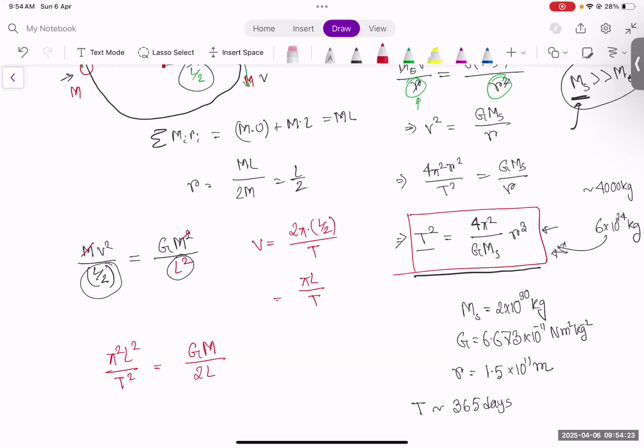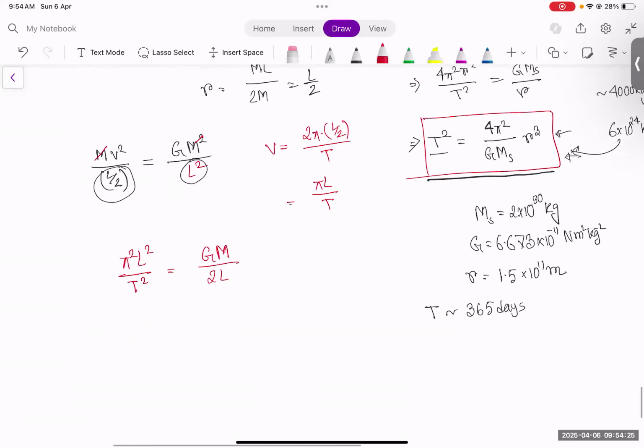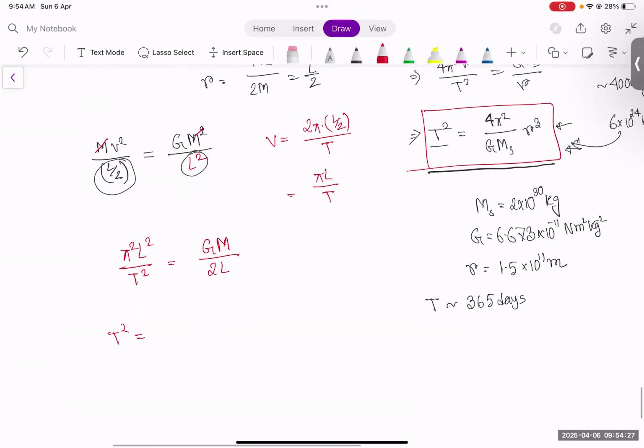Right? This 2 goes up, this comes down. Or you get t squared is pi squared divided by G m times 2, actually 2 pi squared.